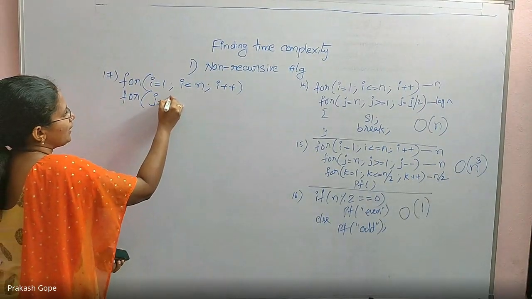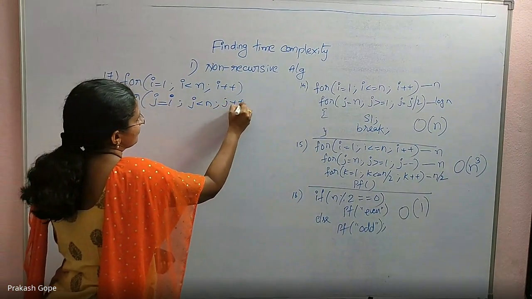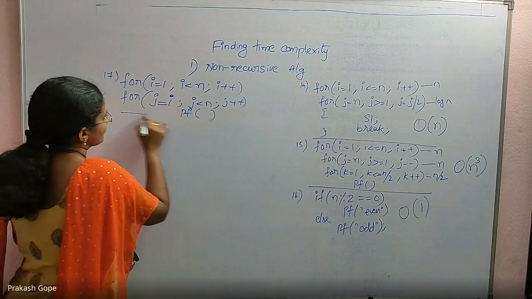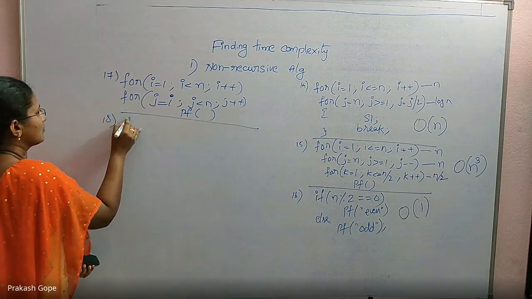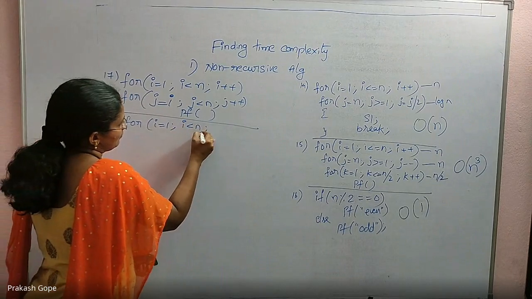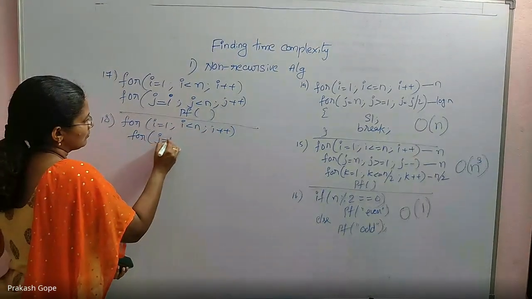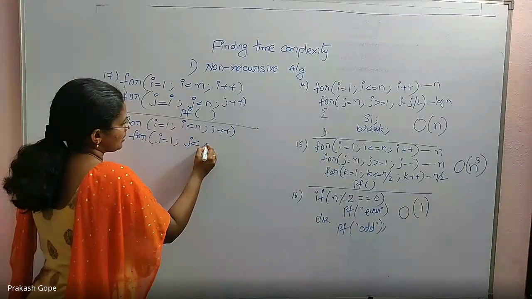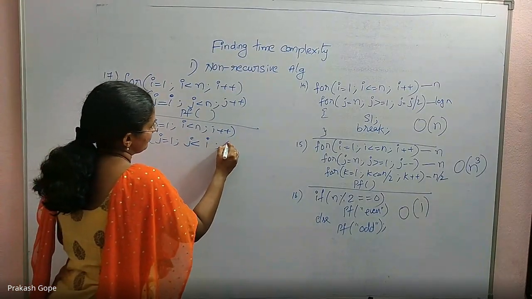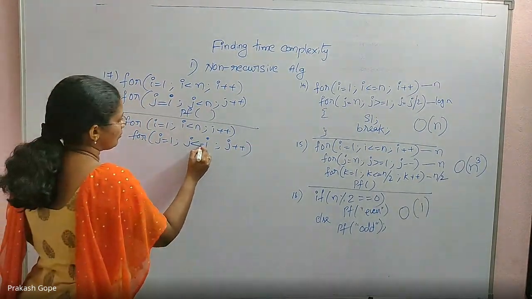j equal to i. j less than i. If you say i equal to, that's fine.